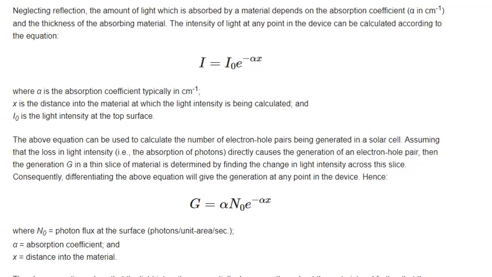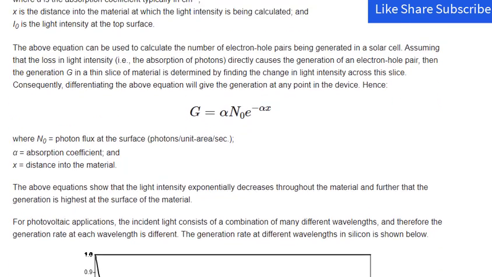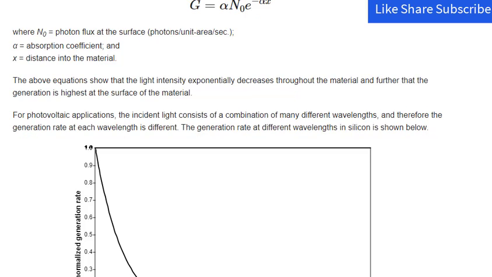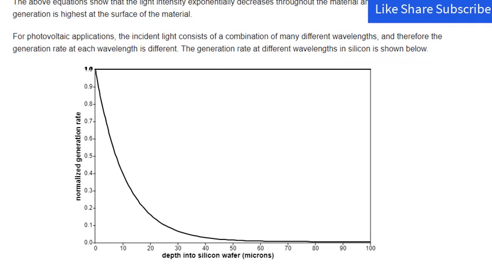Consequently, differentiating the above equation will give the generation at any point in the device. Hence, where N0 equals photon flux at the surface, photons per unit area per second, alpha equals absorption coefficient, and x equals distance into the material. The above equations show that the light intensity exponentially decreases throughout the material and further that the generation is highest at the surface of the material.